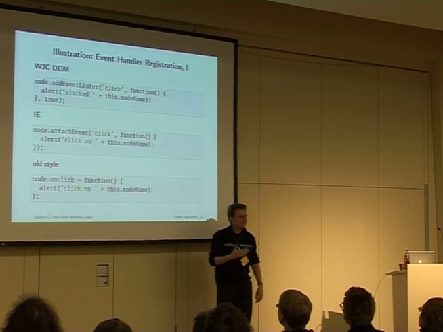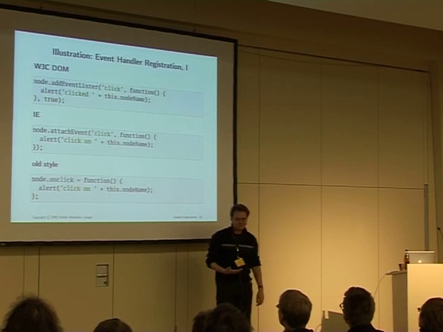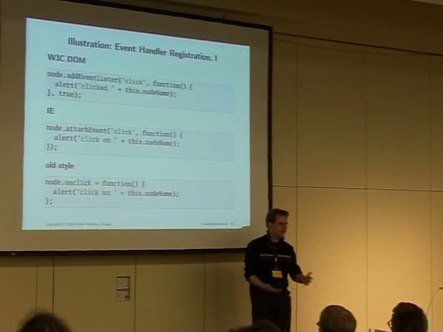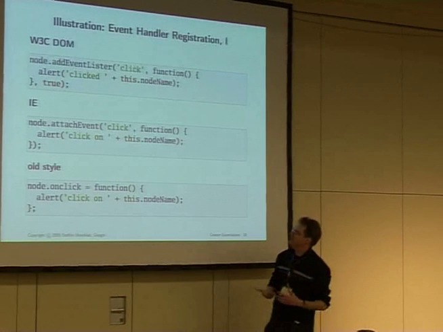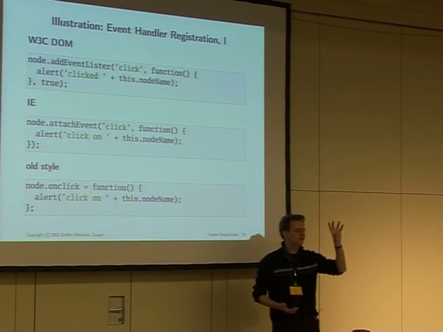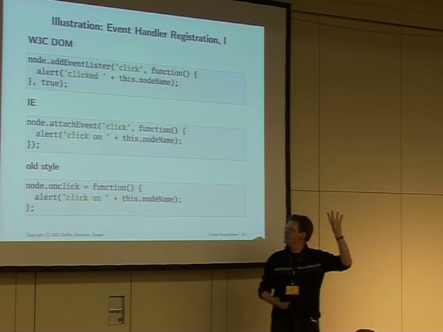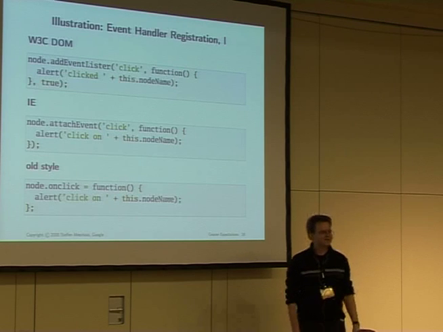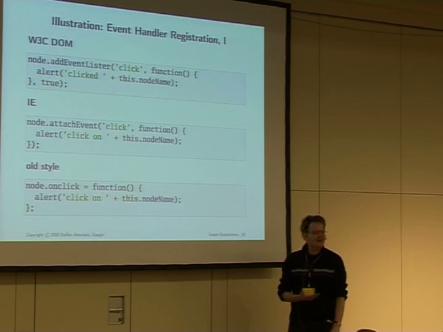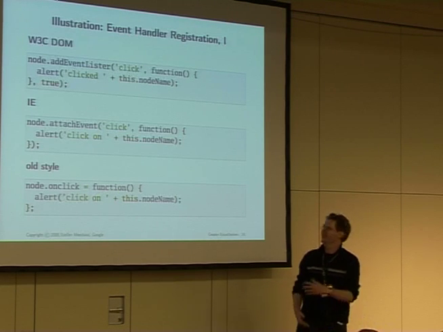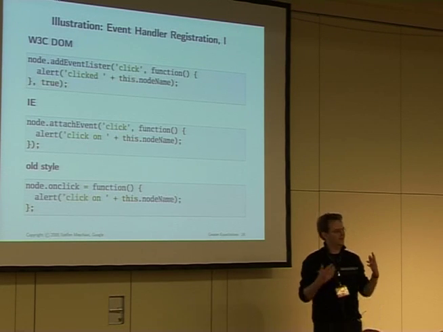So I said that a very central thing of these types of applications are events. So basically, you write your whole application as a set of event handlers. And these events are registered with elements in your user interface, which happen to be exposed as nodes in the programming language. Now it happens that there is not just one interface to register event handlers in the document object model. Instead, there are 3 of them.